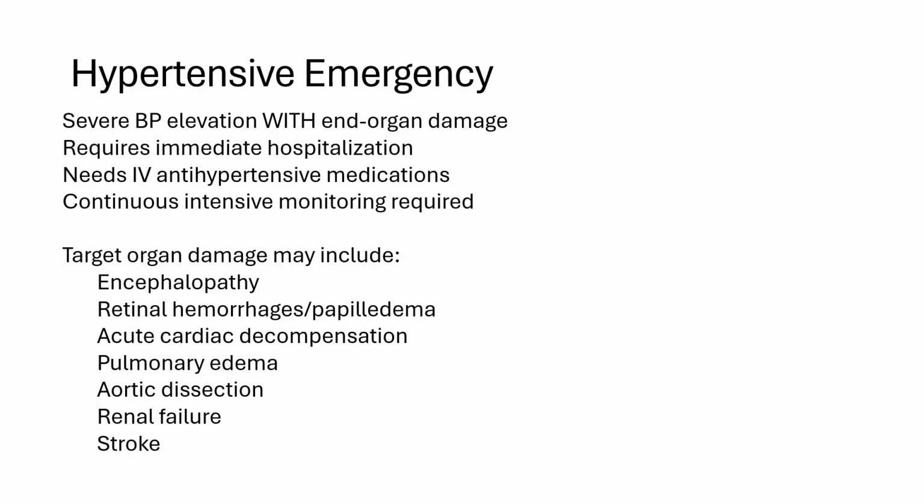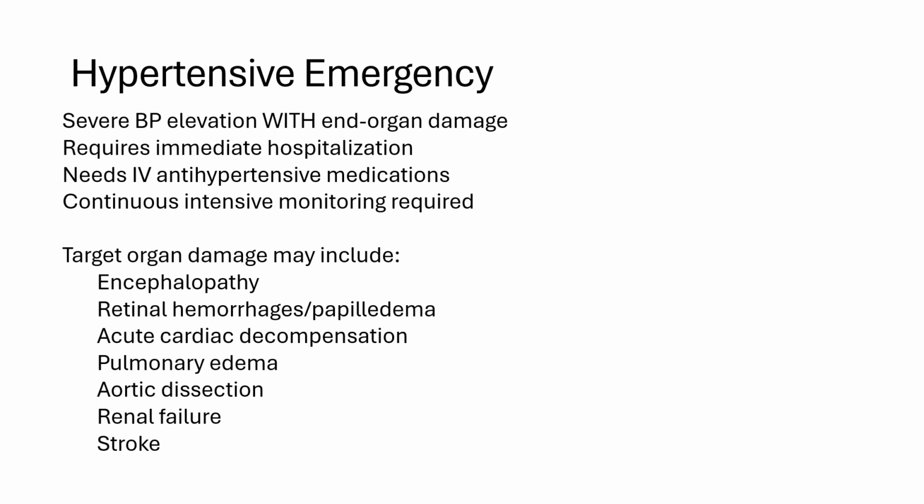They need IV antihypertensive medications. What we normally use for this is a beta blocker. There's also a medication called Nipride, which is nitroglycerin, and it is an IV form. Sometimes they will put somebody on this drip for 24 hours to get their blood pressure back to normal.